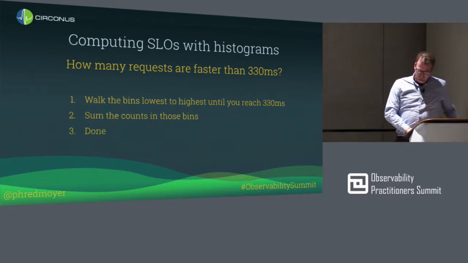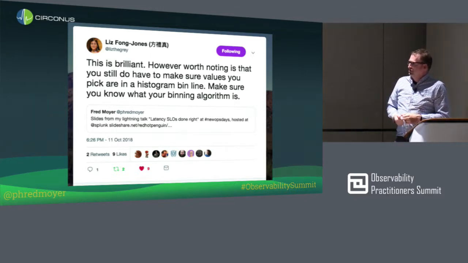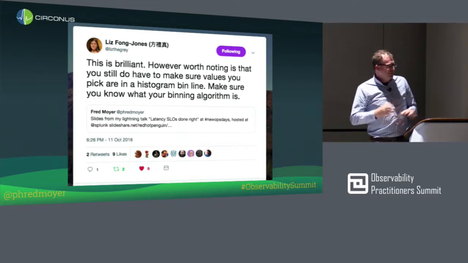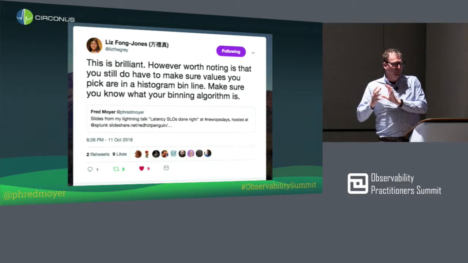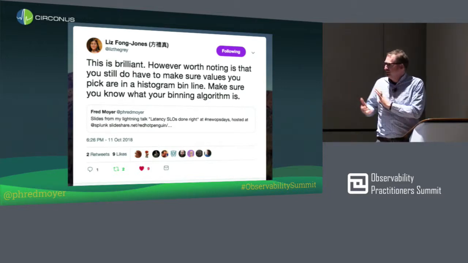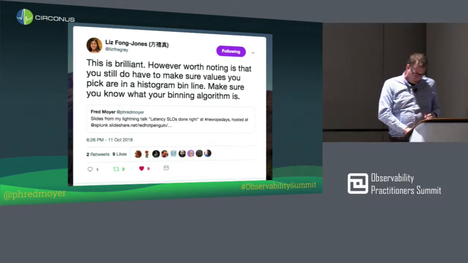Of course, there's a little devil in the details. I gave this lightning version of this talk a few months ago at NewOpsDays, and Liz Jones said, hey, this is good stuff, but you also have to remember that you need to make sure that your SLI is on a bin boundary because you're counting up all these bins. And you need to know what your binning algorithm is. And that's a good point.